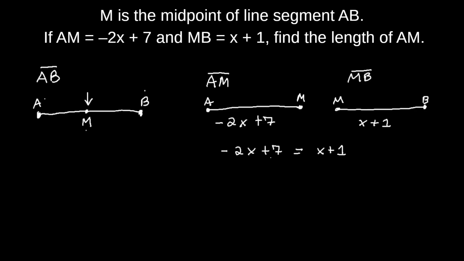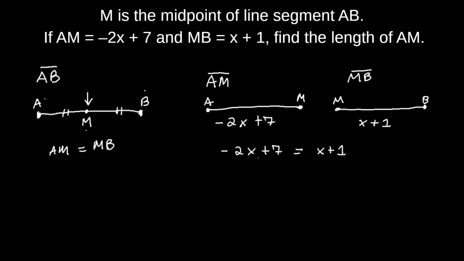Here's why. A midpoint is a point that divides a line segment into two equal parts. AM and MB are two equal parts. So, if M is the midpoint of AB, it means the distance of AM is exactly the same as the distance of MB. In symbols, we can represent this as AM equals MB.